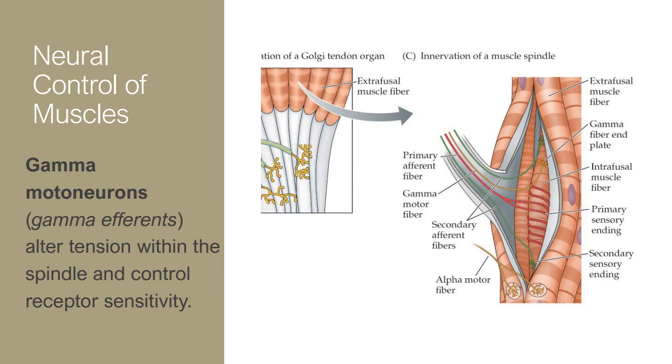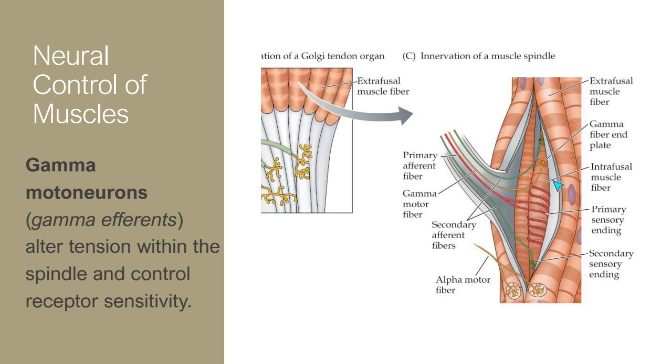So gamma motor neurons, that is these ones in here, these yellow ones. The intrafusal fibers of the muscle spindle have their own set of motor neurons, which are the gamma motor neurons.